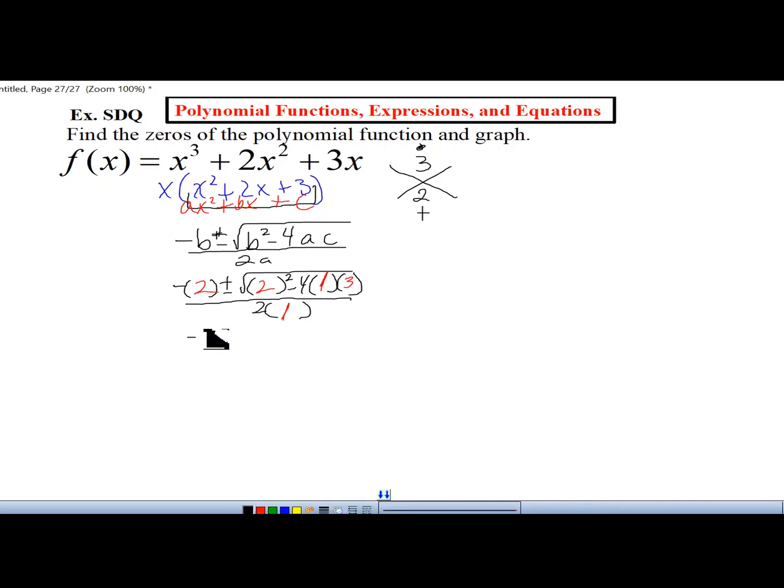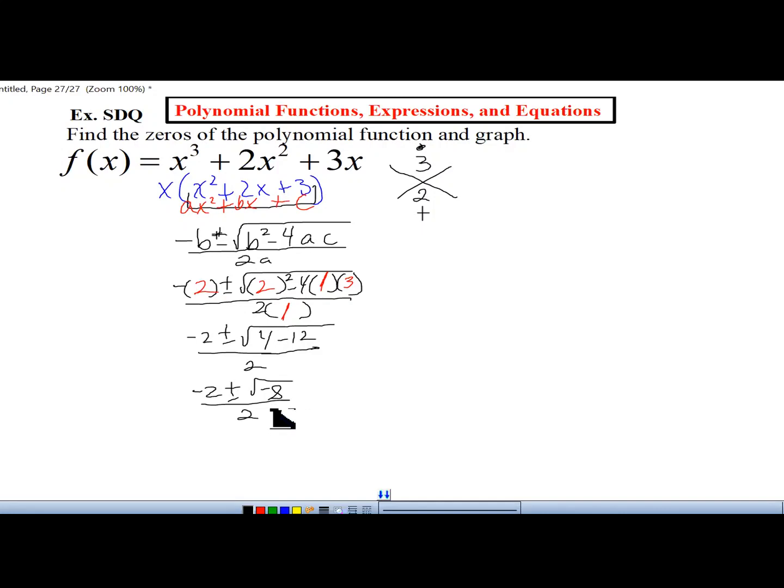All right, let's simplify. So this is -2 plus minus square root. 2 squared is 4. -4 times 1 times 3, that's -12 over 2. Next, simplify. -2 plus minus square root of -8 over 2. You're like, what? Now look up, guys. What do you guys notice on the radical?